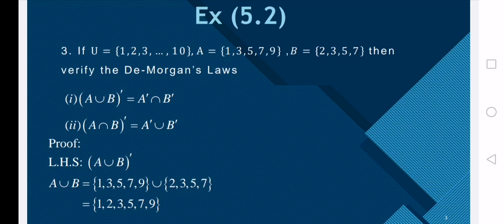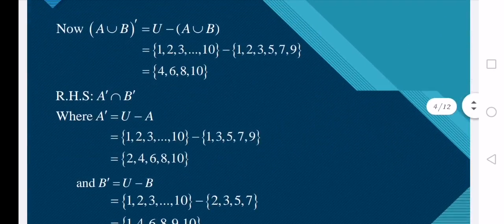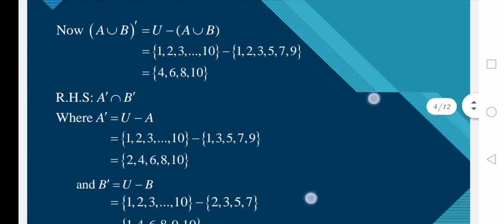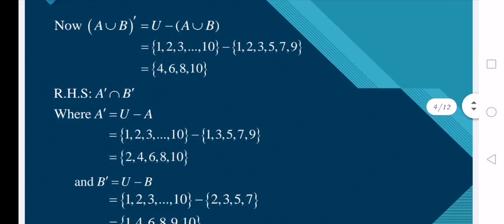What we are going to do is to find the difference of the universal set, which is given to us as including the elements 1, 2, 3 up to 10, and A union B. So A union B whole complement is equal to U minus A union B. Keep this in your mind that first you write what the complement of the set is.